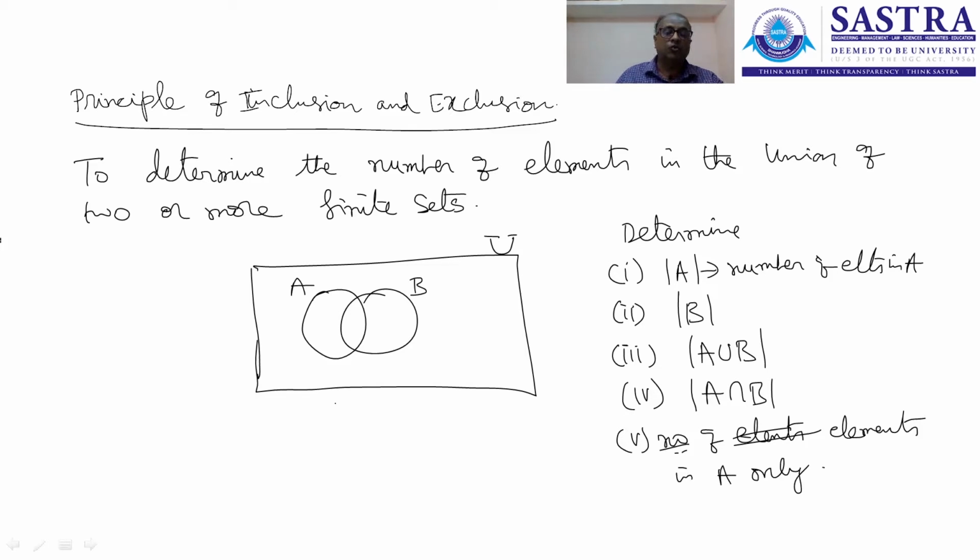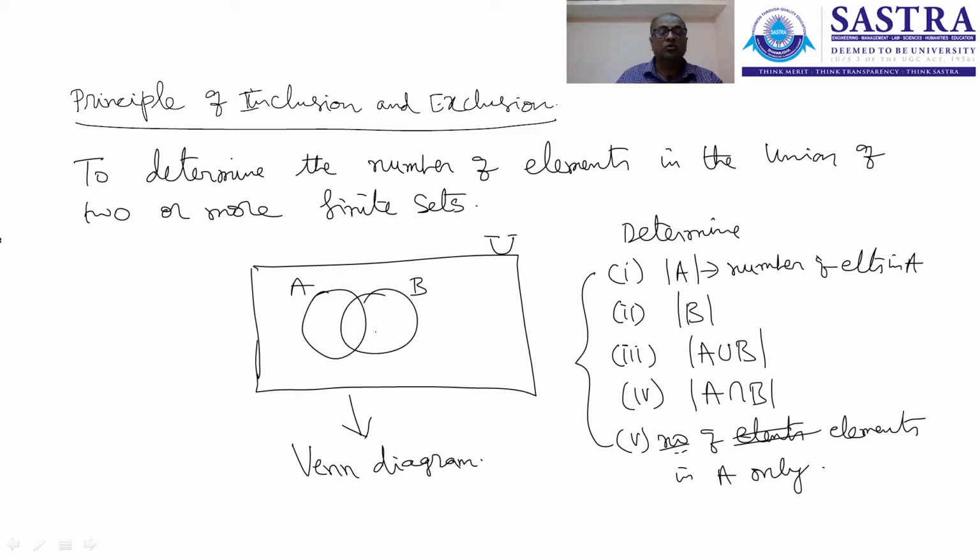Of course, this diagram that I have drawn is called the Venn diagram. So now you have a way of identifying the cardinality of different sets algebraically, and the graphical representation is given by the Venn diagram here.